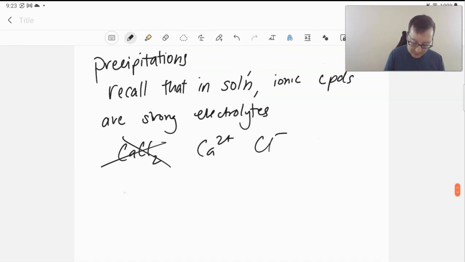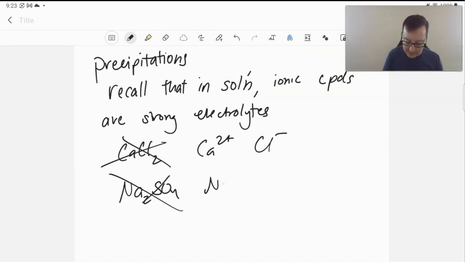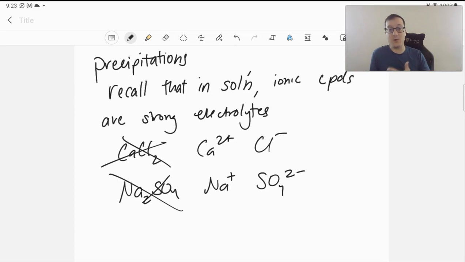So for some example, if we have sodium sulfate, again, which is really sodium ions and sulfate ions, if we were to mix a solution of calcium chloride and one of sodium sulfate, we would have these four ions present. And what we want to do is evaluate each pair of cation and anion, and evaluate if one of those pairs is insoluble or not.